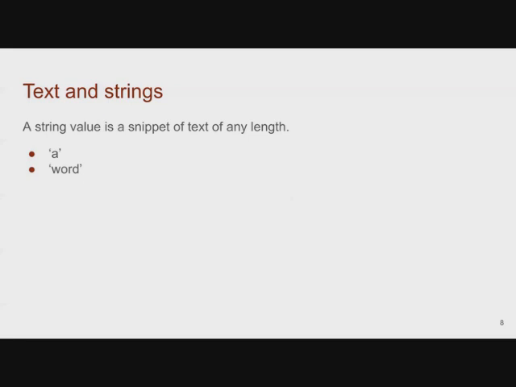Python doesn't care, but you have to be consistent. If you start a string with a single quote, you have to end it with a single quote. And you can put any text, any character, in between the quotes.